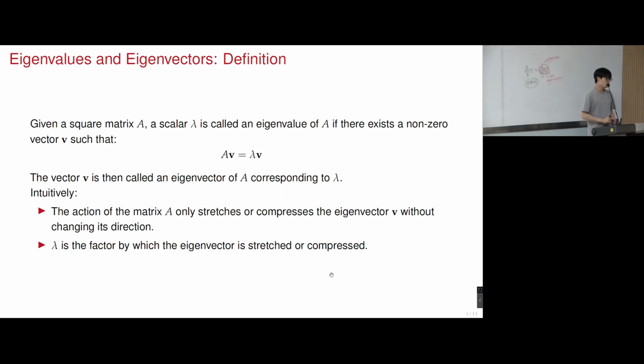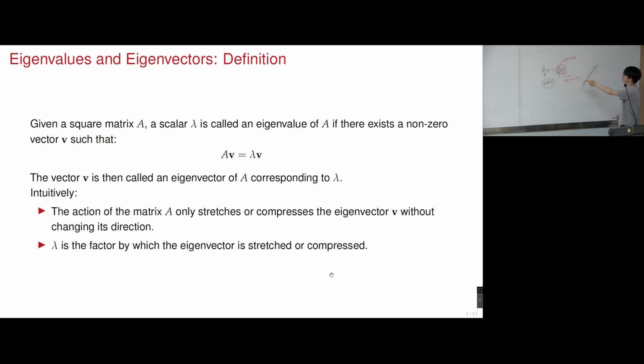So this kind of shows that, in a sense, I wrote some things down. Basically, the action of a matrix only stretches or compresses the eigenvector without changing its direction. Remember, when you multiply some value into a vector, think of it in physics terms: a vector is usually denoted as a force that has direction, like an arrow.